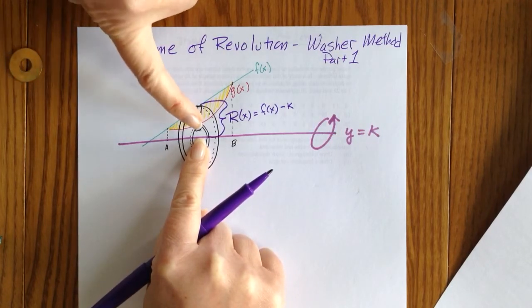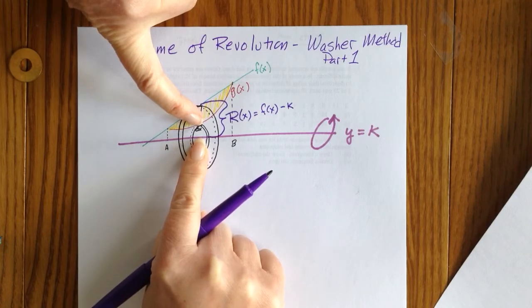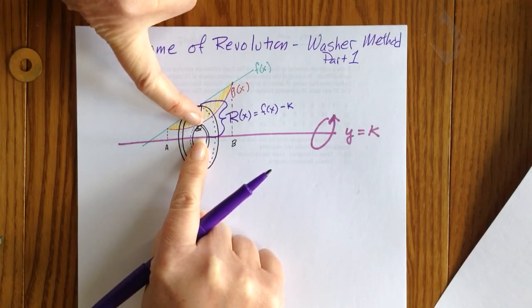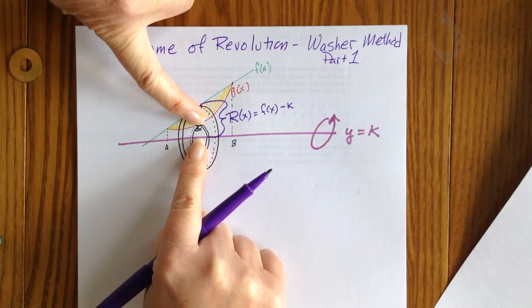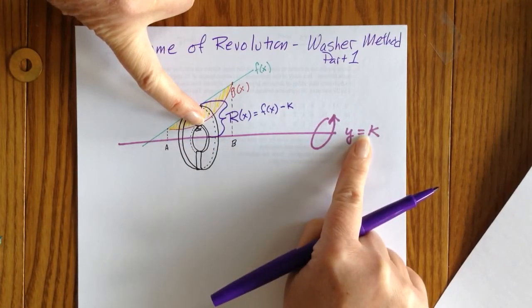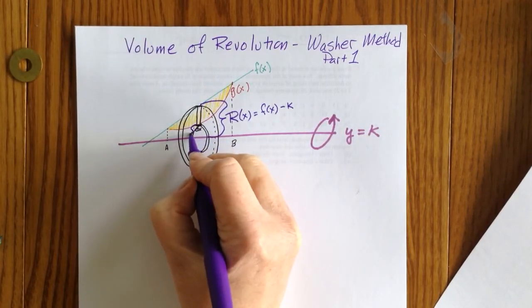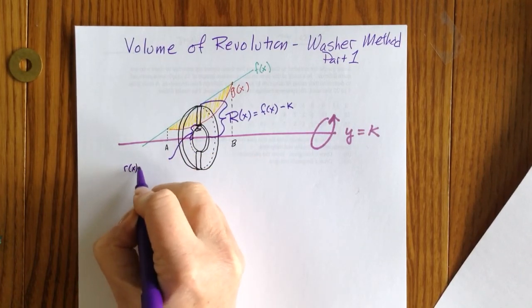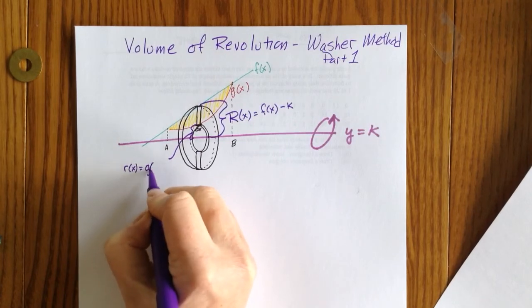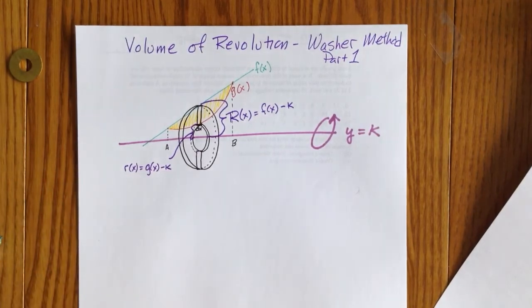Put your finger on the closest edge of the rectangle. You are now touching the ends of the inner radius, the little radius. And this is again top minus bottom. Your top finger is sitting on the g of x curve, and your bottom finger is on the axis of revolution k. So this right here, I'll move it over, is little r of x. And in this example, it is g of x minus k.